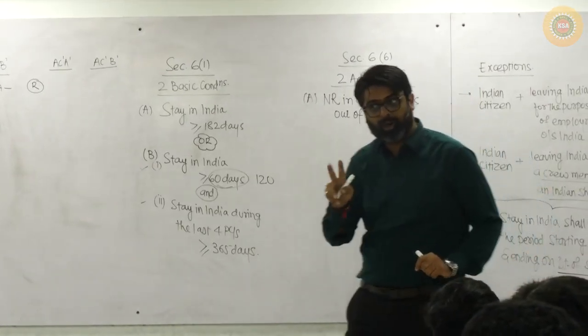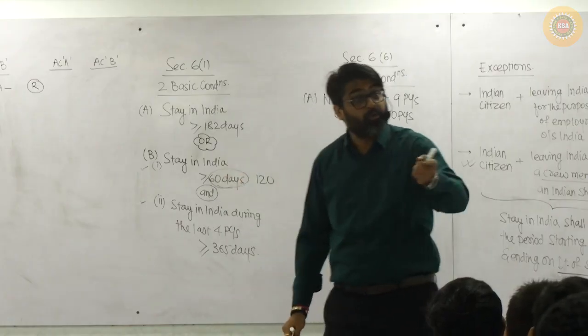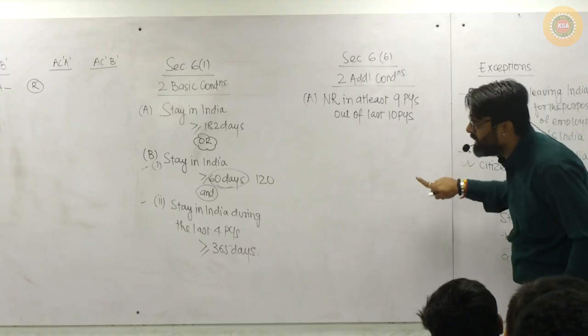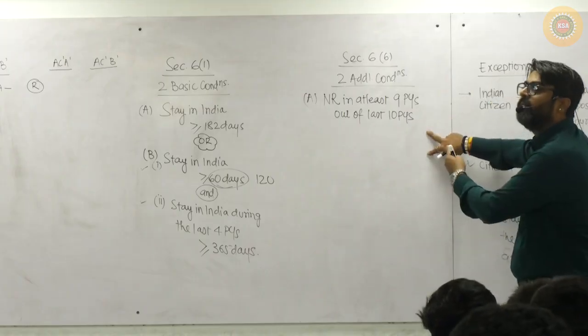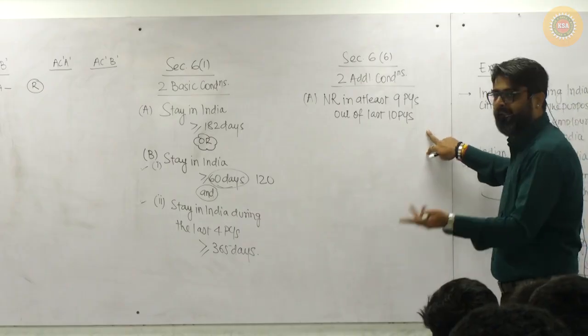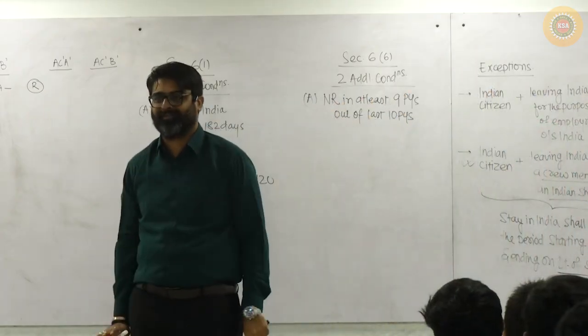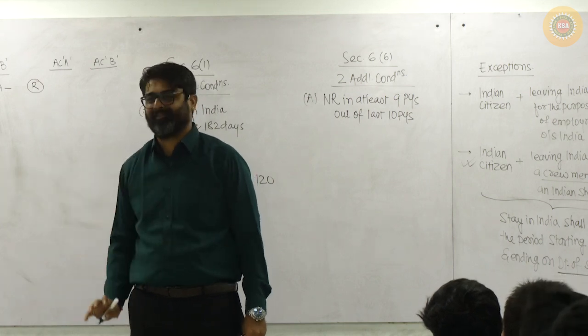Those two conditions which you were telling me will automatically be satisfied if you fail to satisfy additional condition A as well as additional condition B. If you are not satisfying both the additional conditions, then automatically those two conditions will be satisfied which you just now told me. Getting my point? Automatically you will become ROR.